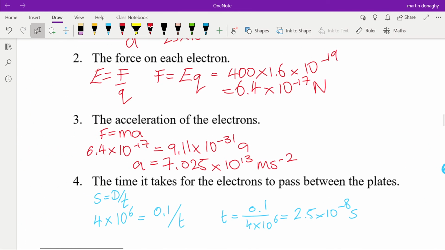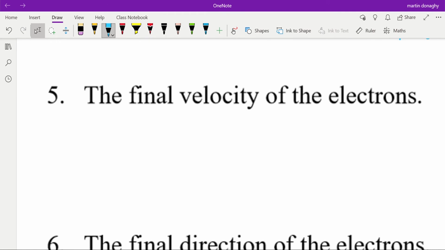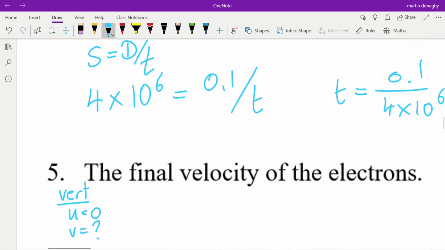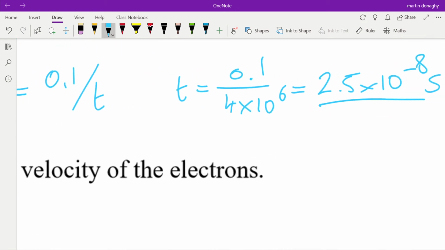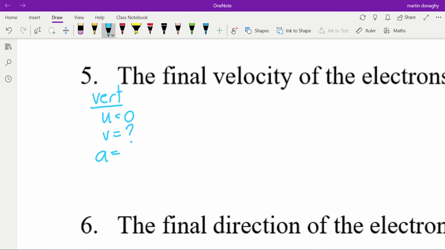So we're going to separate those components of motion out, and first look at the vertical. Initially in the vertical direction, u is 0. We're trying to find out what it will be after the time we worked out in the previous part. The acceleration is what we worked out in part 3, and the time we've got from part 4.